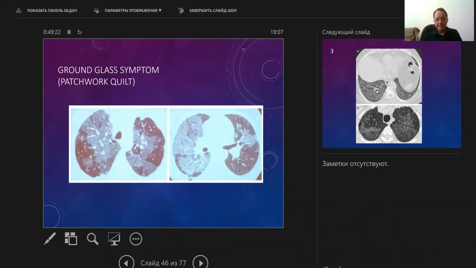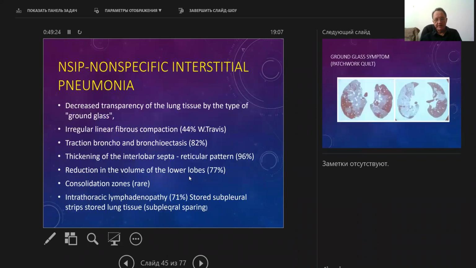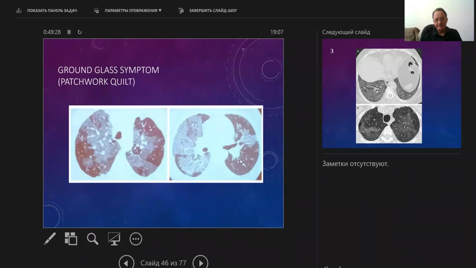normal lung, the so-called sparing of lung tissue. And also you can see that consolidation is practically absent.